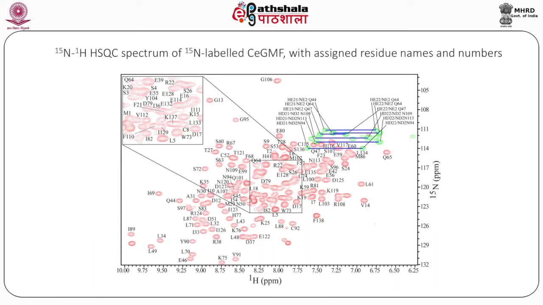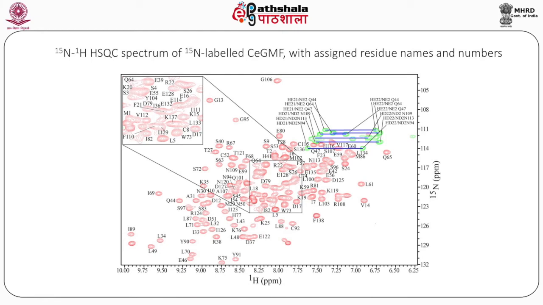So, here in this figure what you see is the same N15 proton HSQC spectrum of N15 labeled CeGMF, and this shows you assigned residue names and numbers. For example, G13 is the amide NH peak for glycine at position 13, same for G95, then V14 that you see at the lower end on the right side is of valine 14 and so on and so forth.